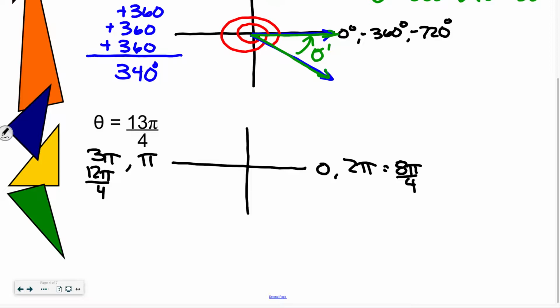Because I'm at 12 pi over 4 or 3 pi, remember that in radians, each quadrant is pi over 2. But to get to 13 pi fourths, I only need one more 1/4 pi. So it's got to be in quadrant 3. So I can go ahead and draw my angle in quadrant 3. I would go around one whole time and then a little bit more.